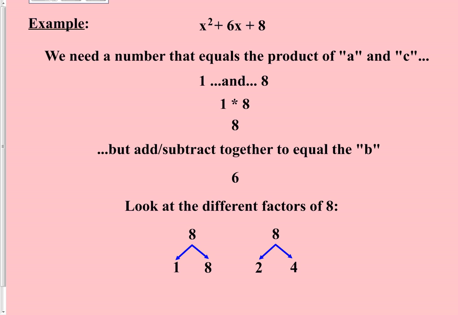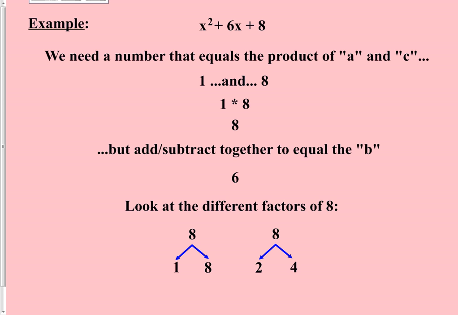Okay, so for example, in the problem that you're looking at there, you've got an a term of 1, which is what allows us to use this method, and then a c term of 8. Okay, well, the product of 1 and 8 is 8. So what we're looking for is two numbers that'll multiply together to equal 8, but those same two numbers add together to equal the b term, which in this case is a 6.